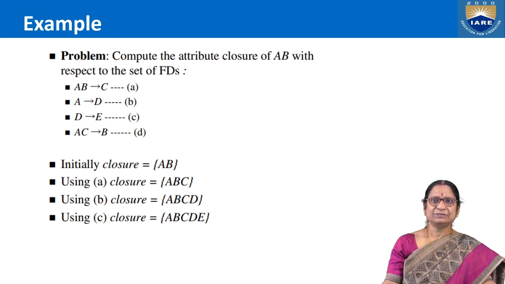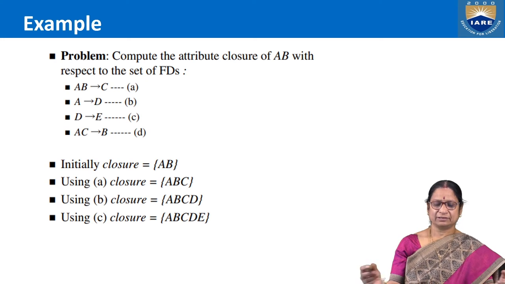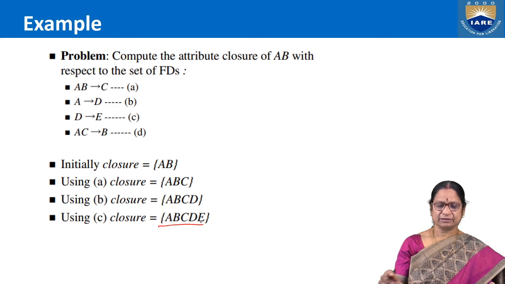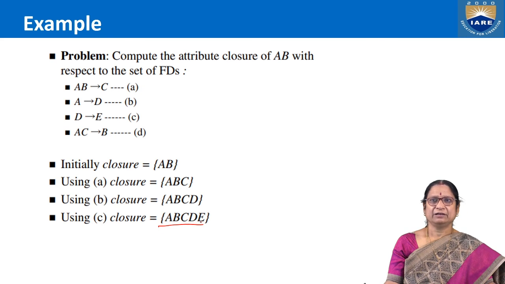Then A determines D, so D will be added: A, B, C, D. Then I can apply CD determines E, so E will be added. Now all attributes, A, B, C, D, E, are there. So the attribute closure of AB includes all attributes, and AB will be a key also.